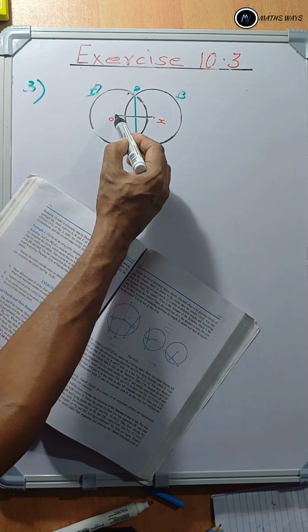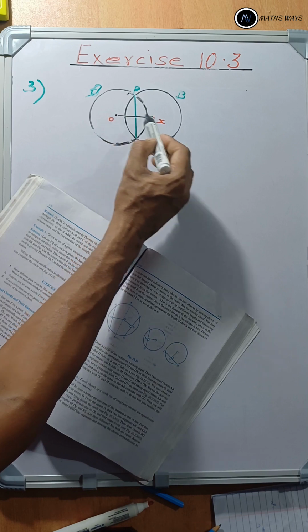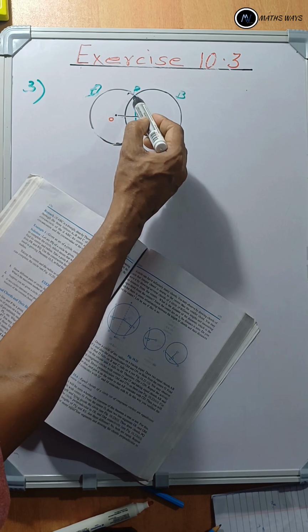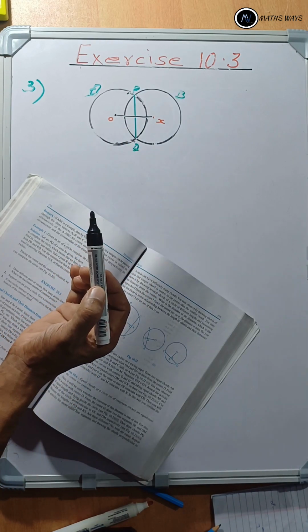The line segment joining the centers of the circles is the perpendicular bisector of the common chord PQ.